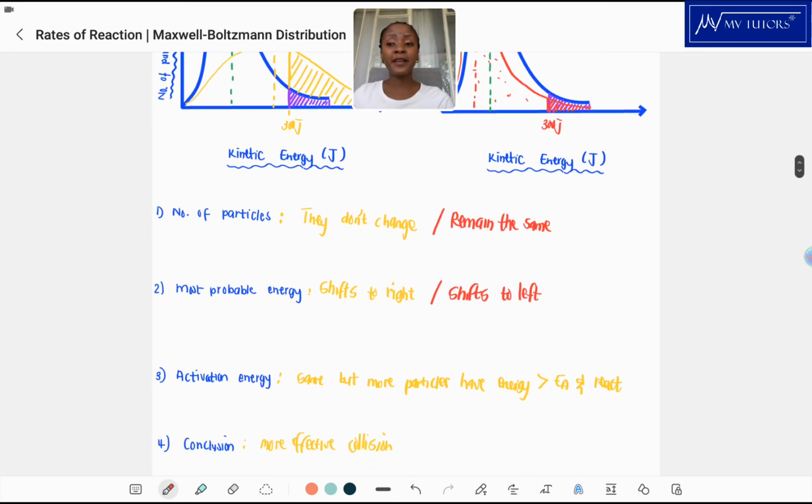Okay, so the activation energy, well, it is the same, 300 joules, right? But less particles have energy that is higher than the activation energy and therefore react. Okay, so yes, the activation energy is the same. We have 300 joules, but the particles that actually go to the other side of the activation energy that actually react, they are less. Okay, as compared to when you have your temperature increased.